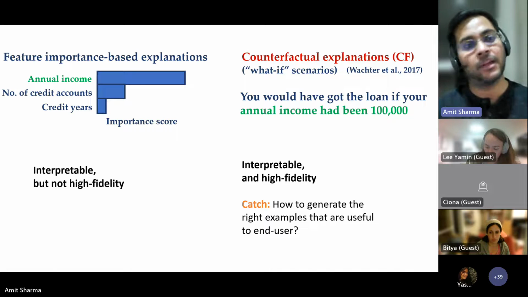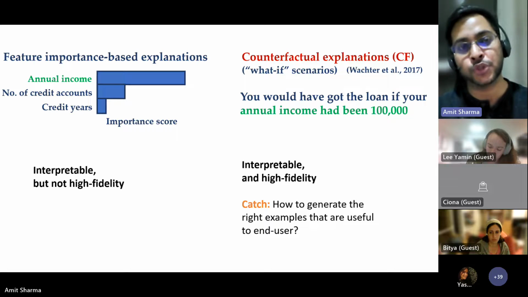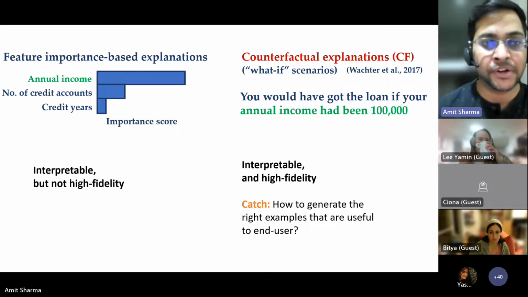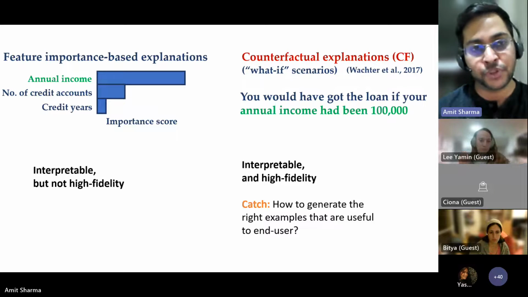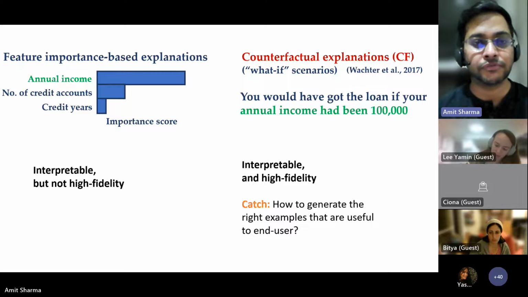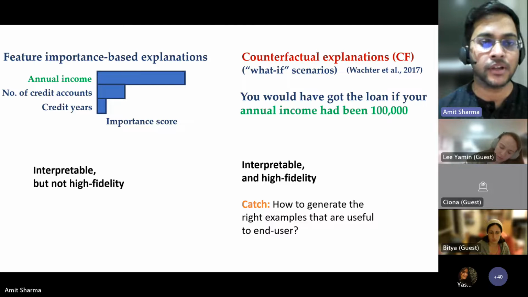Nobody knows. Maybe it's the most important feature, but your annual income is so low that even if you double it or even make it 10 times, you're still not going to pass the bar. And maybe credit years is less important, but perhaps if you change it and you just wait 5 years, that's enough. So it's not giving you enough information about the model.